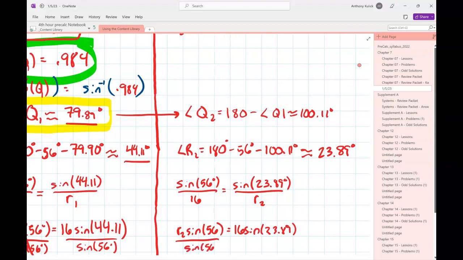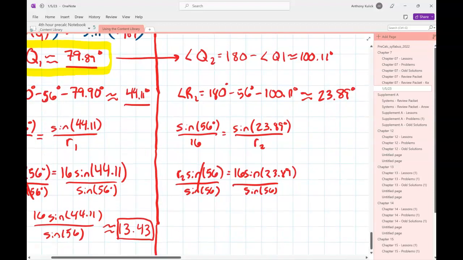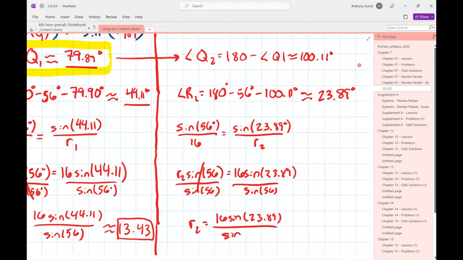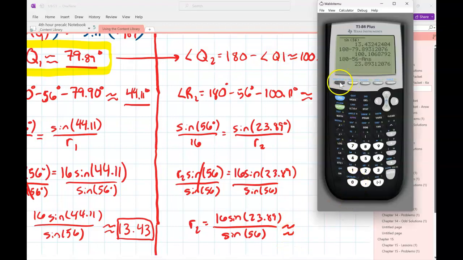So cross multiply and divide. That gives me 7.82.